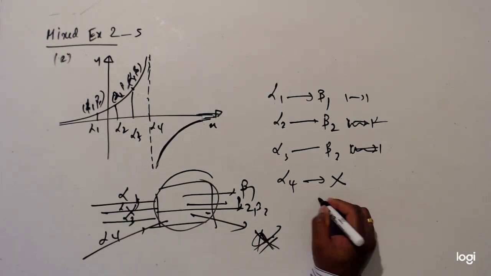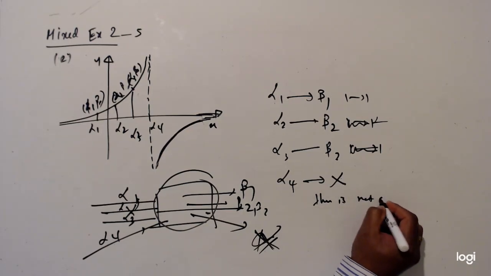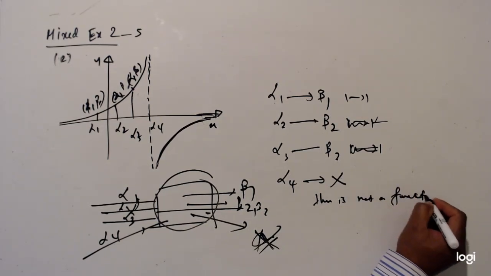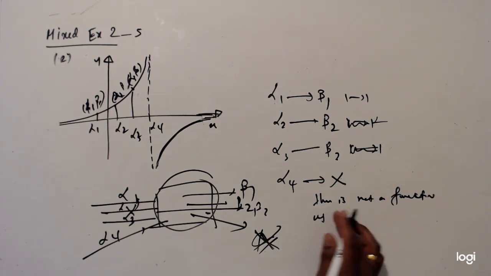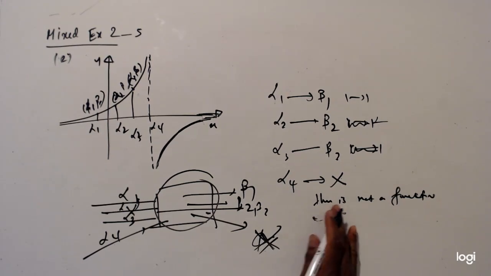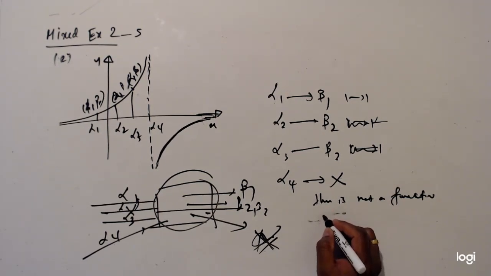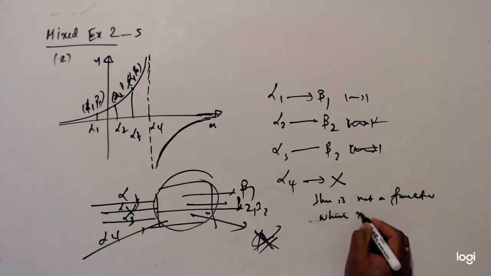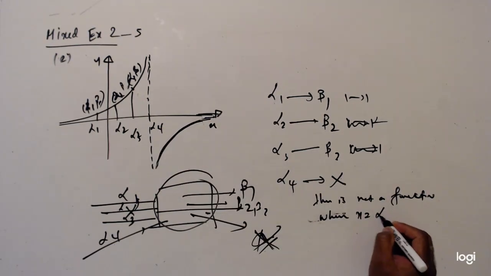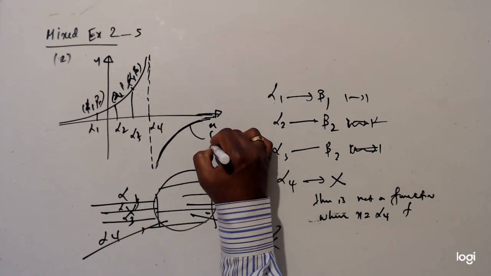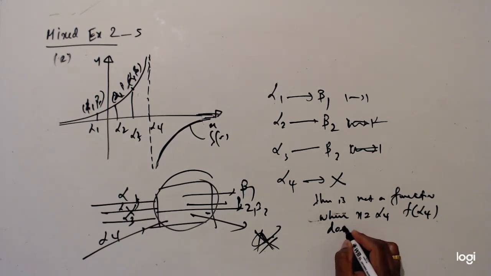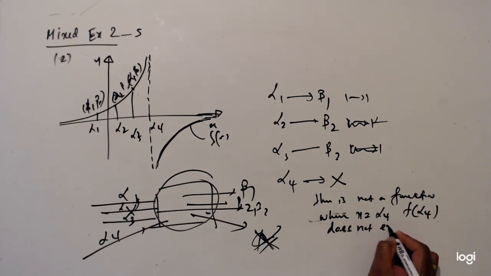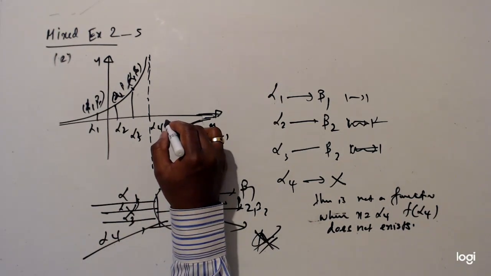So this is not a function, as, okay, when x equal alpha 4, if this function is f(x), alpha 4 does not exist.